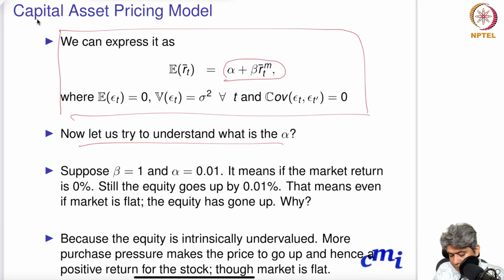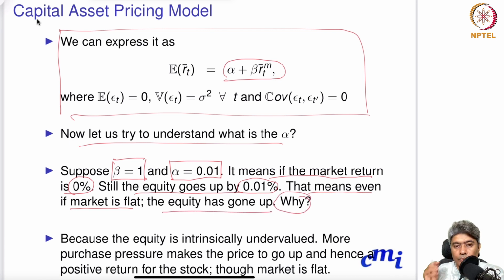Let us fix beta as 1, beta equal to 1. Now if alpha equal to 0.01, it means if the market return is 0%, still equity goes up by 0.01%. That means even if market is flat, the equity has gone up.